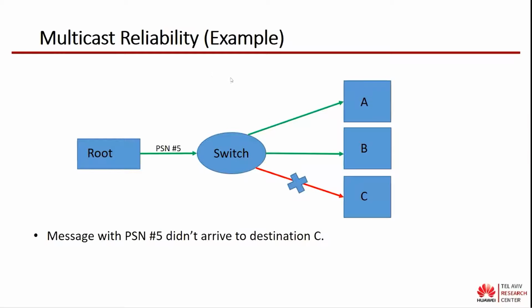So this is an example of multicast reliability, which we will implement in the software. For example, here the root sends a multicast message with PSN5 to the switch. The switch will distribute the message to A, B and C, but suddenly C didn't get the message and it was dropped.